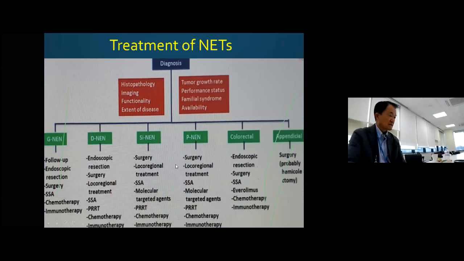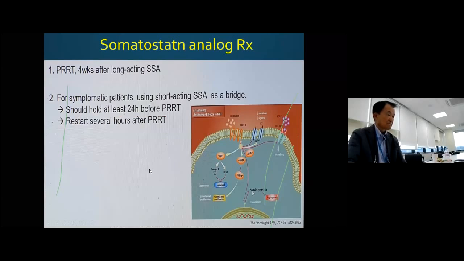Depending on the location of the neuroendocrine tumor, there are slightly different approaches, but basically the same.